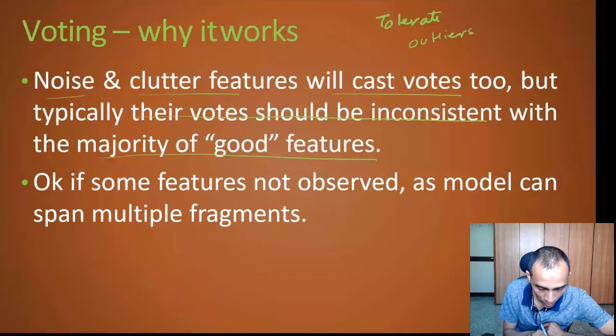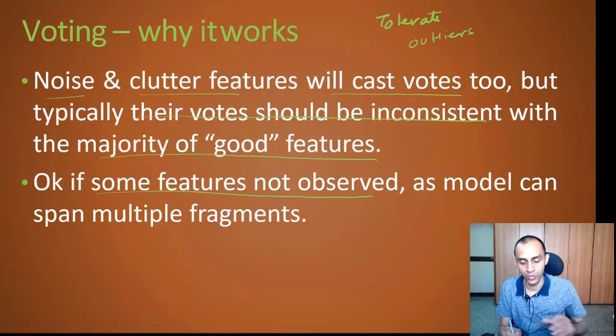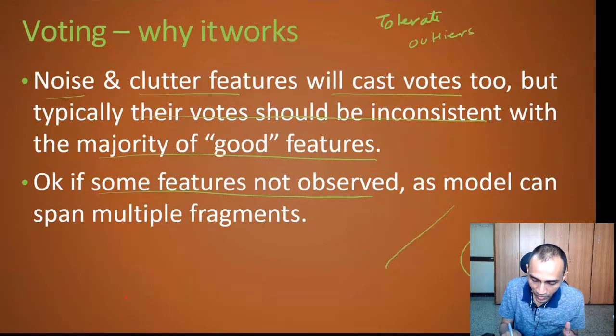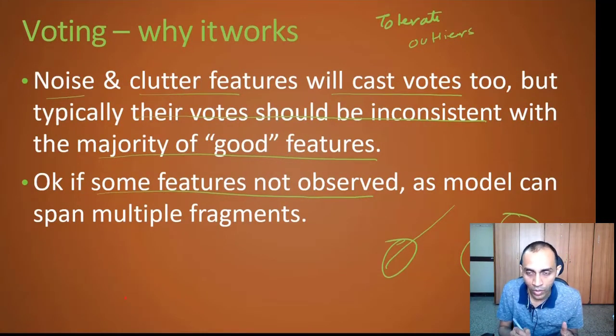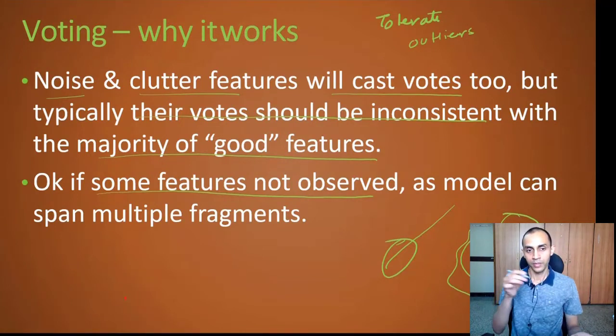This will also be able to handle occlusion, for example if some of the features are not observed. If we have a straight line or a circle and some part of it is occluded or not visible, because the majority of it is still visible, we can still get a good number of counts from the remaining features, because we are doing global voting.